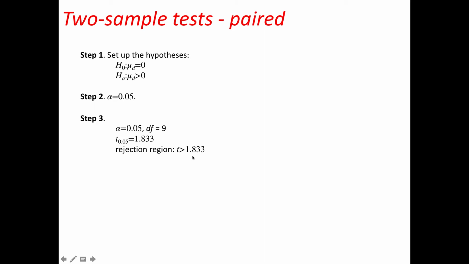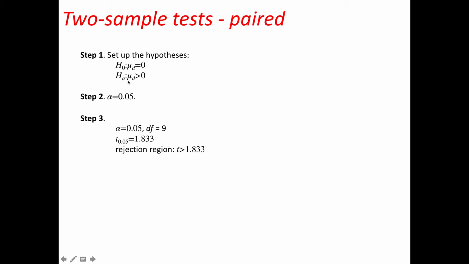And because it falls within the rejection region, that means that we reject the null hypothesis. So it means that we're rejecting this part here. When that happens, it means then that you can use your alternative hypothesis as your conclusion.